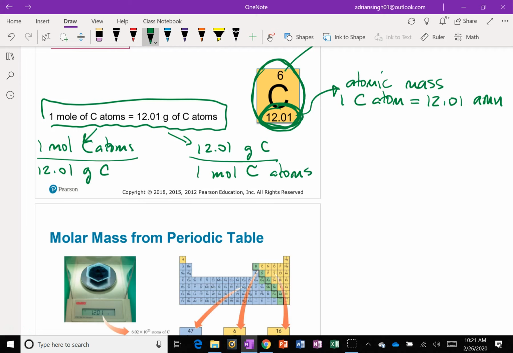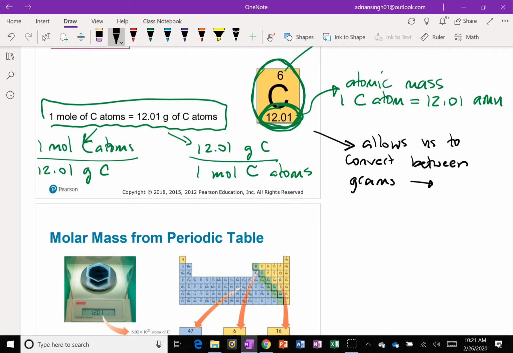Which means the molar mass of something, which we get from the periodic table, allows us to convert between grams and moles of something.